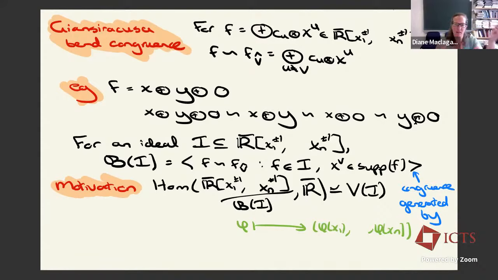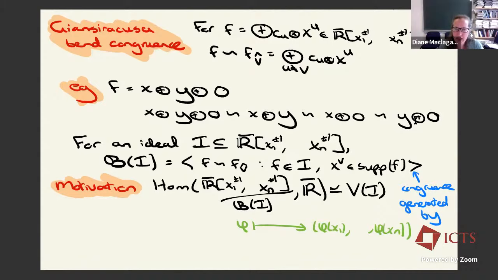And then I take the congruence generated by this. And I mean, if you've never thought about congruences, you might think, well, does that make sense? And I reassure you that it does. So the point is that we take all of these equivalence relations, and then we take the congruence generated by, that means we take the transitive closure, et cetera, to make it an equivalence relation, and then we take the closure under addition and multiplication.